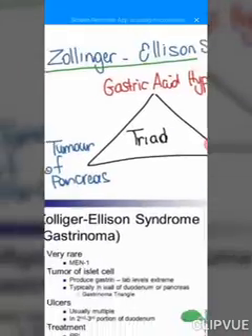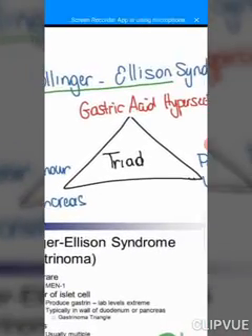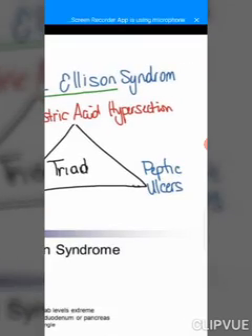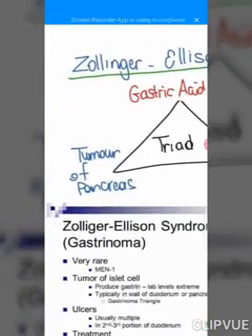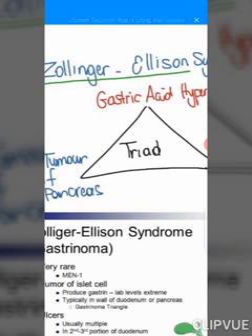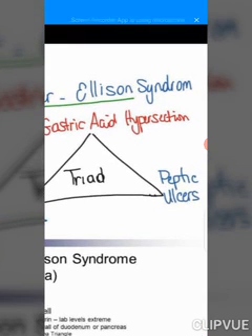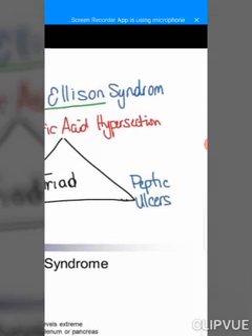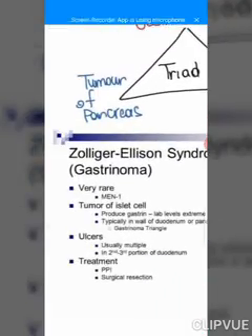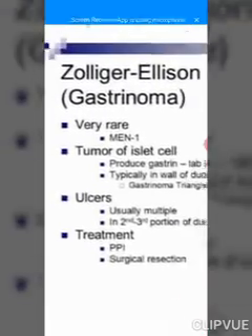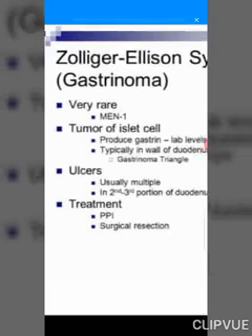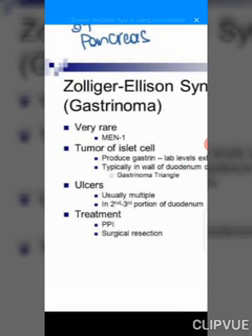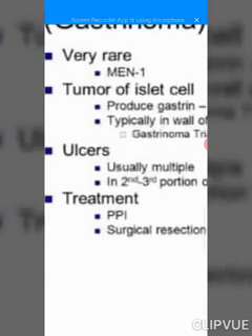So the triad is this: pancreatic tumor, which is gastrinomas; gastric acid hypersecretion; then peptic ulcer. Always remember that this ulcer can be seen along the entire GIT, although it is found more frequently in the stomach and the small intestine.